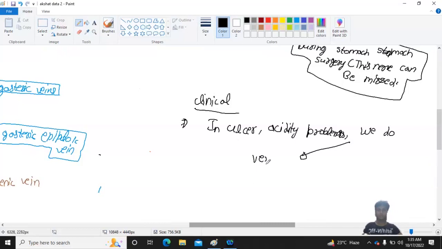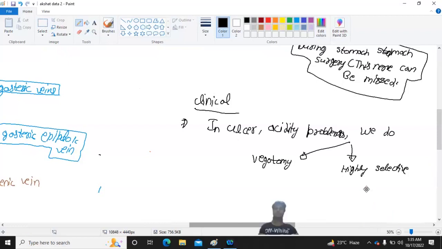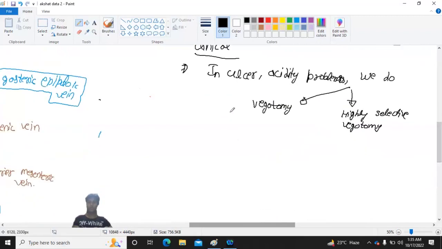Vagotomy or highly selective vagotomy. Selective vagotomy, in which we cut either the whole trunk, either the anterior or posterior trunk.